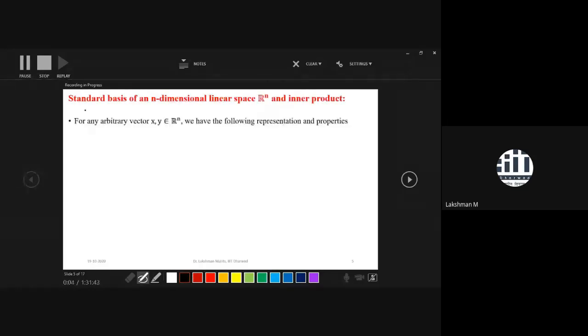Next we will talk about an arbitrary vector x, y from Rn, and we have the following representation of x with respect to a standard basis E. If you take x, then x is a linear combination of the standard basis elements E1, E2, E3. That's why we say the coordinate of x with respect to a standard basis is the vector itself.